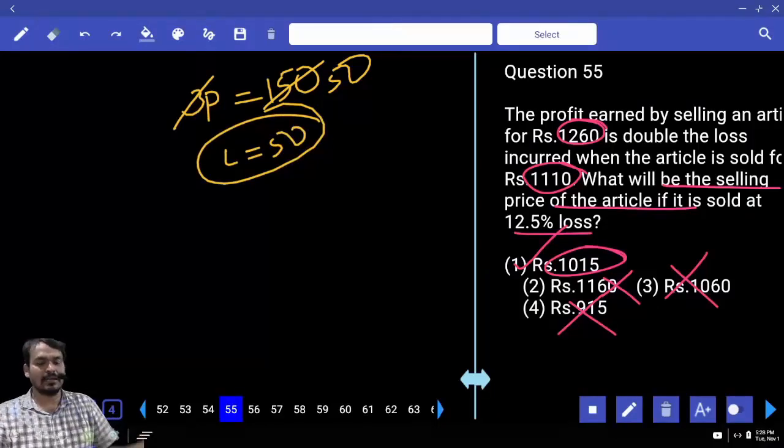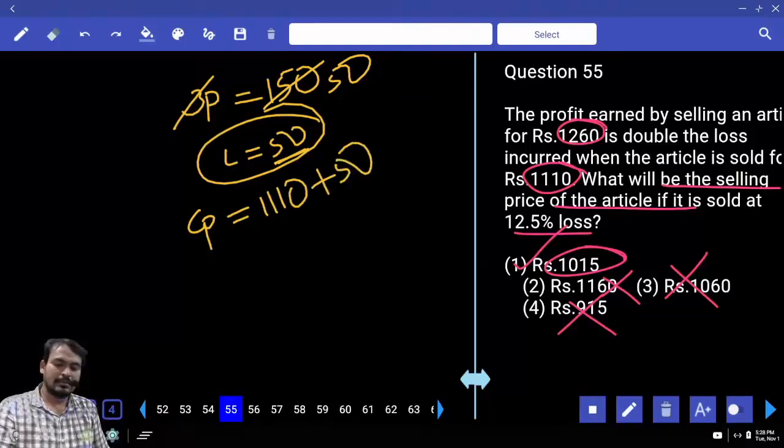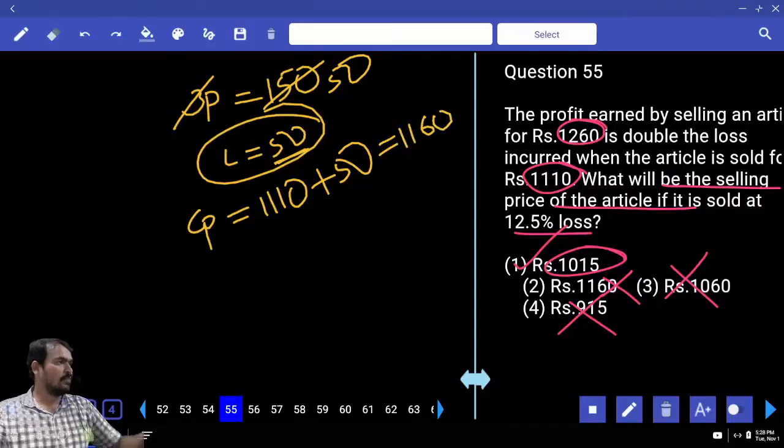By selling the article, you get a loss of how many rupees? 50. Then the cost price is how many rupees? 1110 plus 50 or not? That is 1160 or not? 1160. The same article is sold at how much percent profit or loss? 12.5% loss or not?